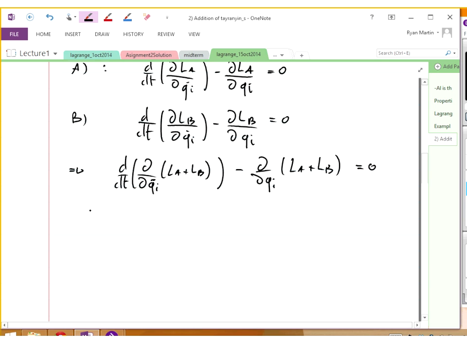The next property is multiplication of L by a constant.